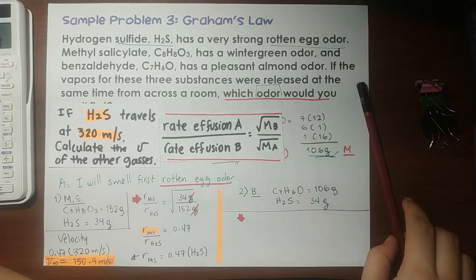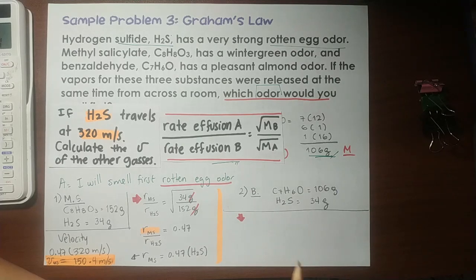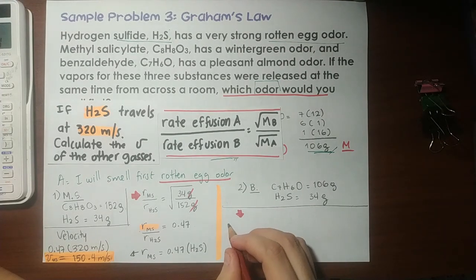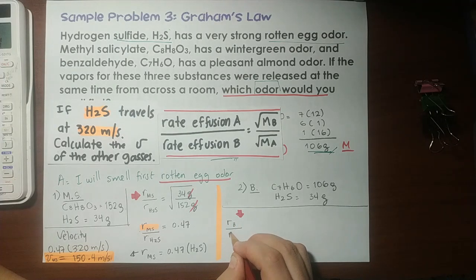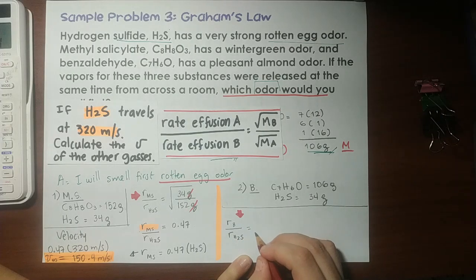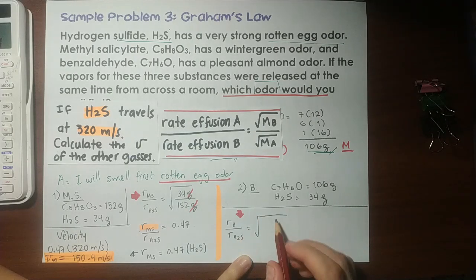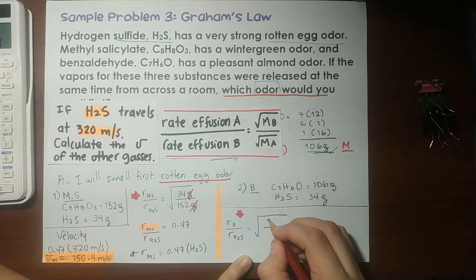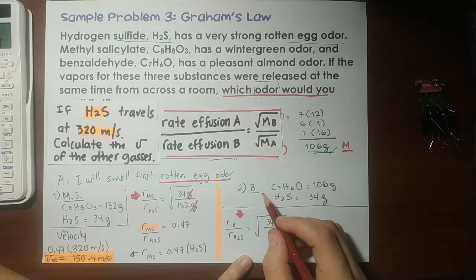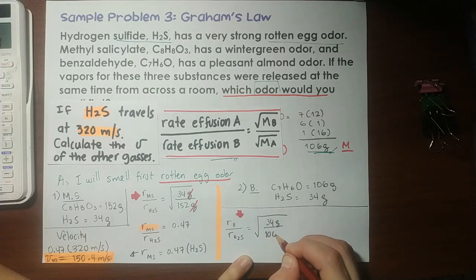Now, I'll do the same for benzaldehyde. I will use my Graham's equation. I say my rate of benzaldehyde against my rate of hydrogen sulfide equals the square root of both of their masses but switched. So here we'll have my 34 grams and below I'm going to have benzaldehyde's mass, which is 106 grams.